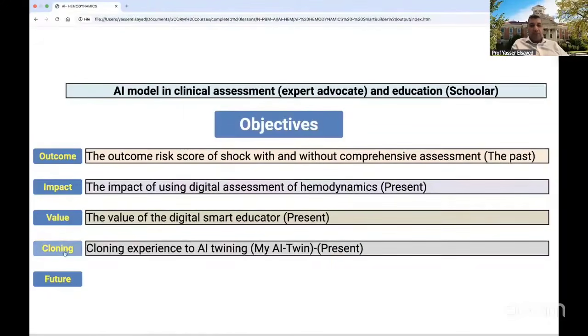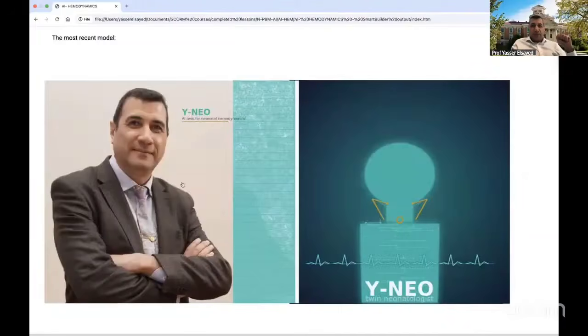Next, I will be talking about cloning. Cloning is just an idea that was explained nicely by Dr. Khorshid about how to use artificial intelligence, ChatGPT, Gemini, any artificial intelligence, just a raw platform. These platforms are not expert. You have to make them expert. So how we did that, we created a model like a twinning.